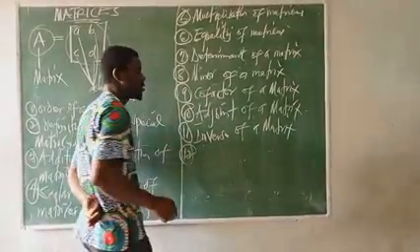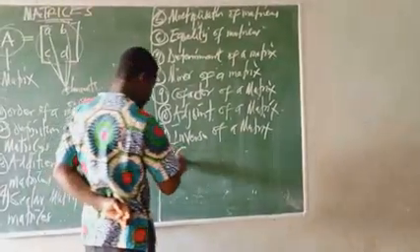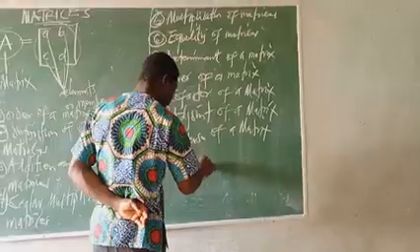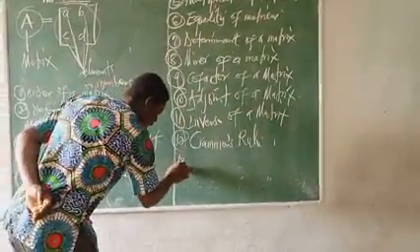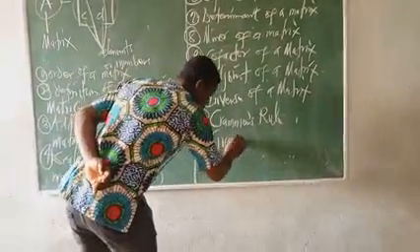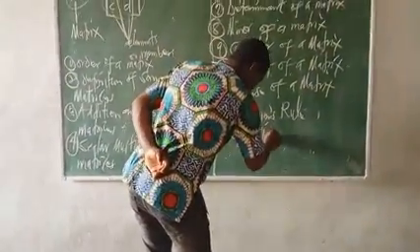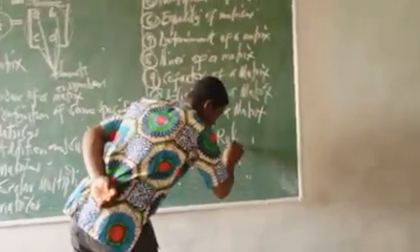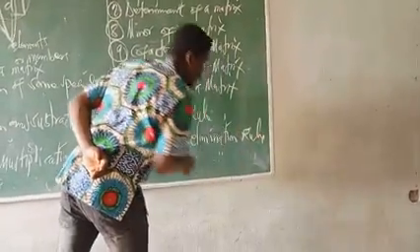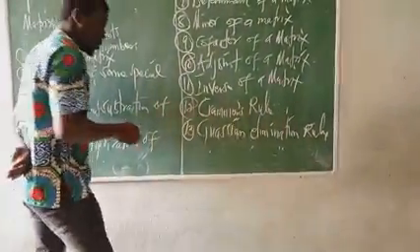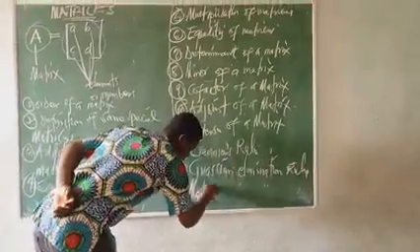Then here, we talk about Cramer's rule. You can probably look at the Gaussian elimination rule. Then, lastly, we talk about the matrix inversion method.